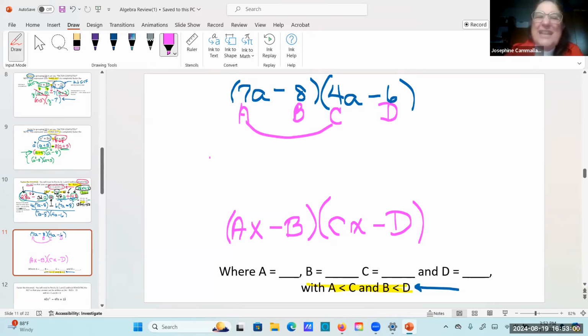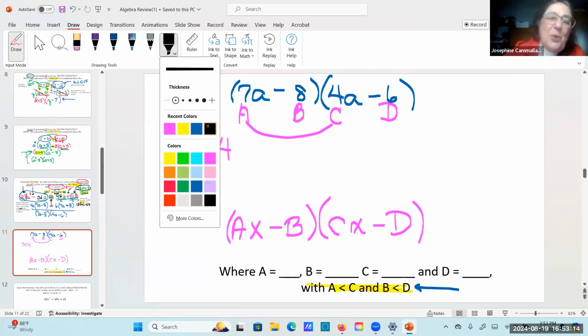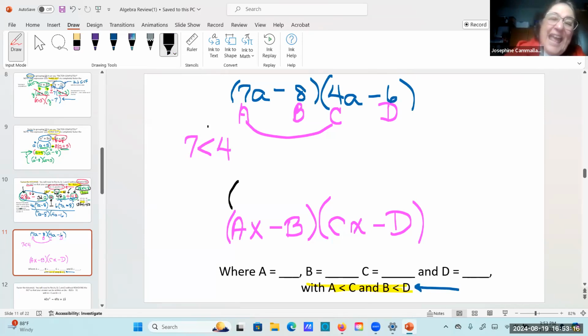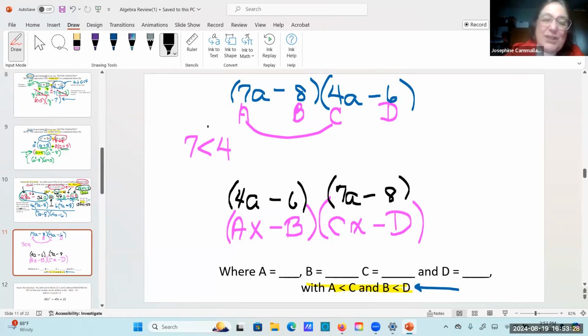Look at these two. Is 7 less than 4? No. So my a has to be 4a minus 6. This has got to be 7a minus 8, which means the A is 4.